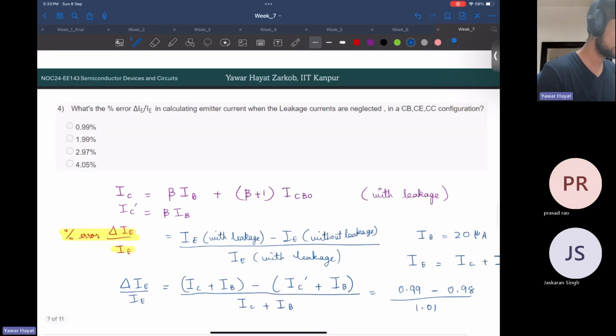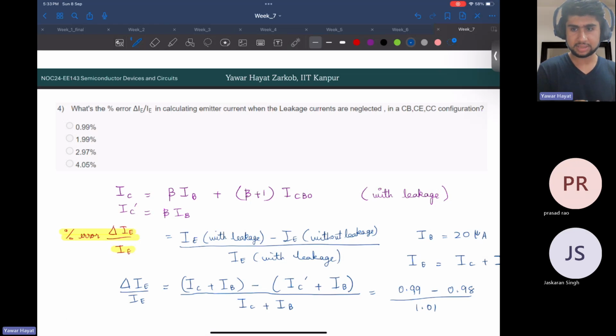Did you get the question first? The question was asking that you need to compute the percentage error, delta IE by IE, in the calculation of the emitter current when the leakage currents are neglected. So compare the cases.